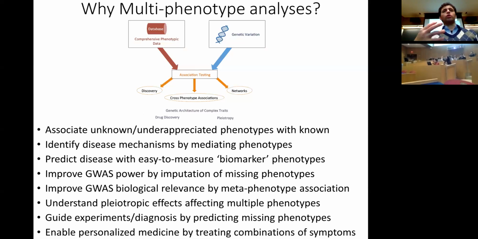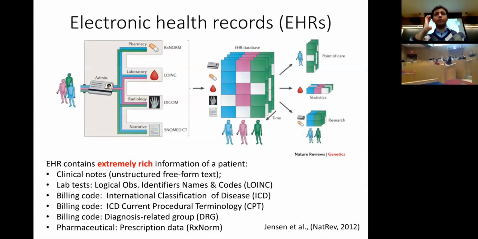So that's a strong motivation for studying multiple phenotypes together. And if you look at electronic health records, they try to achieve exactly that. So basically, electronic health records contain very rich information. They contain, for example, the drugs that a person is taking, the lab tests, such as blood lipids, for example, that the person might have taken. It can contain imaging information from a brain scan or an X-ray.